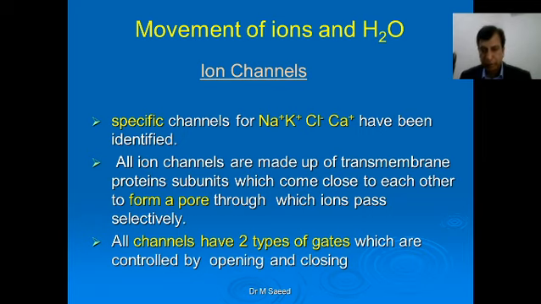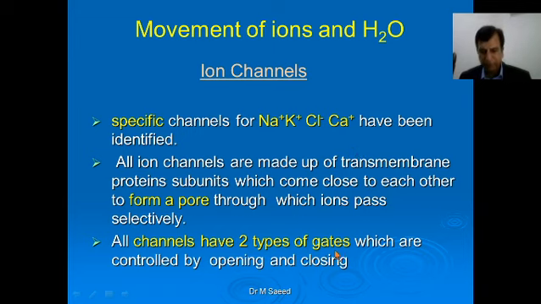The outermost and innermost portions of those transmembrane proteins are hydrophilic, and the central one is hydrophobic, so it remains in the center. When two transmembrane proteins come close to each other, definitely they will form a channel, a pore, and that pore is necessary for the transportation of these ions.